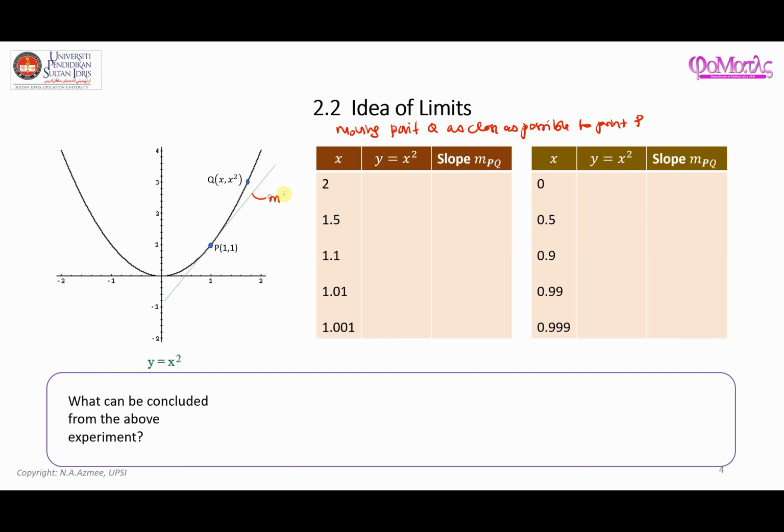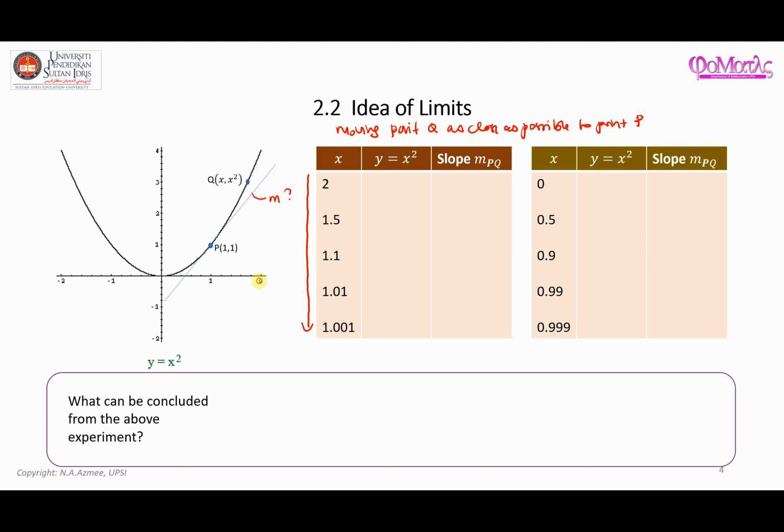We need to find m. For this table, you can see that x is going downwards, moving from 2 to 1.5 and getting to 1.001.